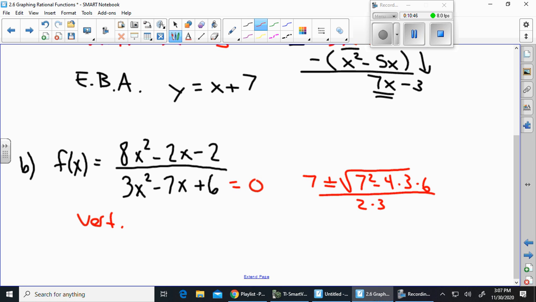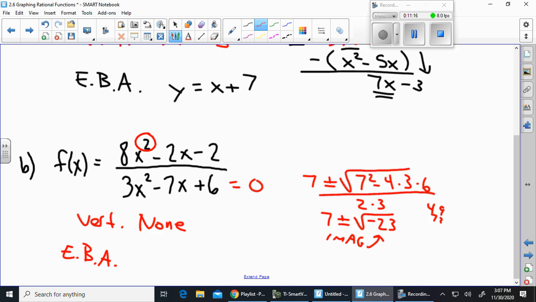Well, that's 49 minus 72, which is negative, something like negative 23. There are none. That never equals 0 because that's imaginary. Can't happen.